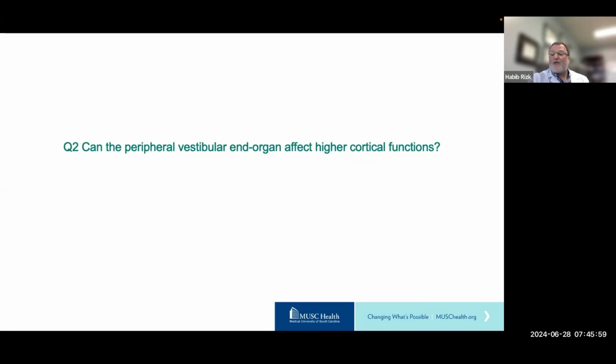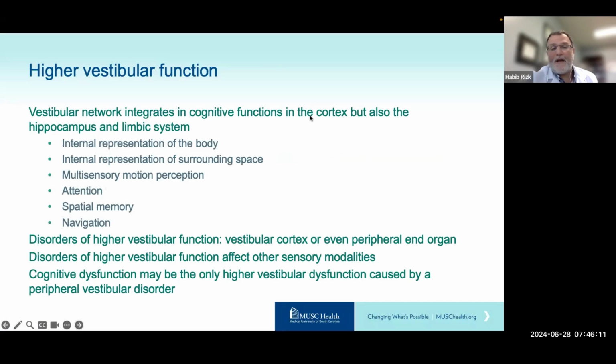This also leads us to a second question: can the peripheral end organ affect higher cortical functions, which we've already been seeing that it does. The vestibular network integrates with cognitive functions in the cortex, the hippocampus and the limbic system, which helps us get an internal representation of our body, of our surrounding space, and a multisensory perception of what we're doing in motion, in addition to spatial memory and navigation.